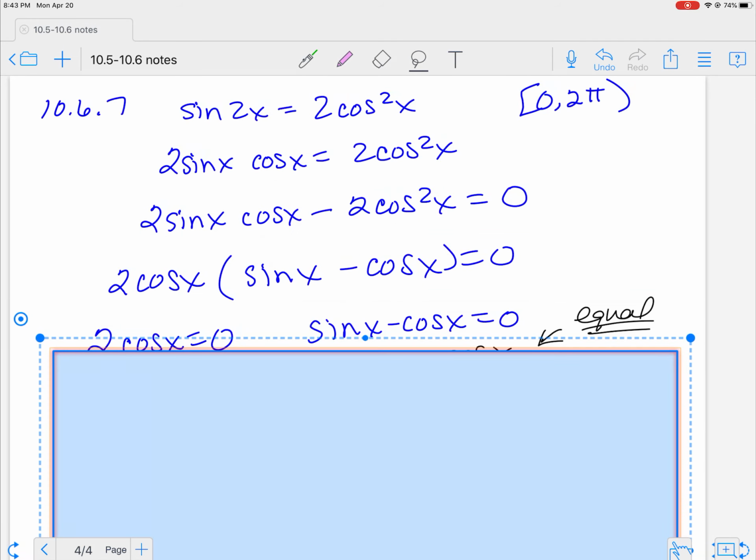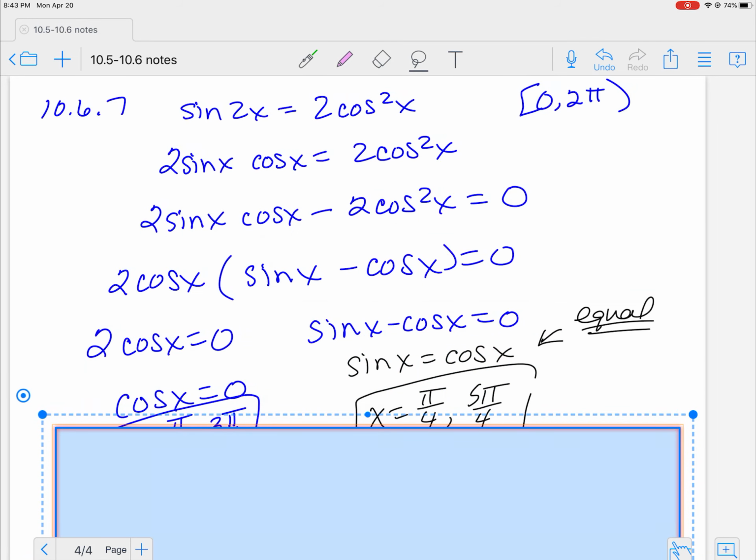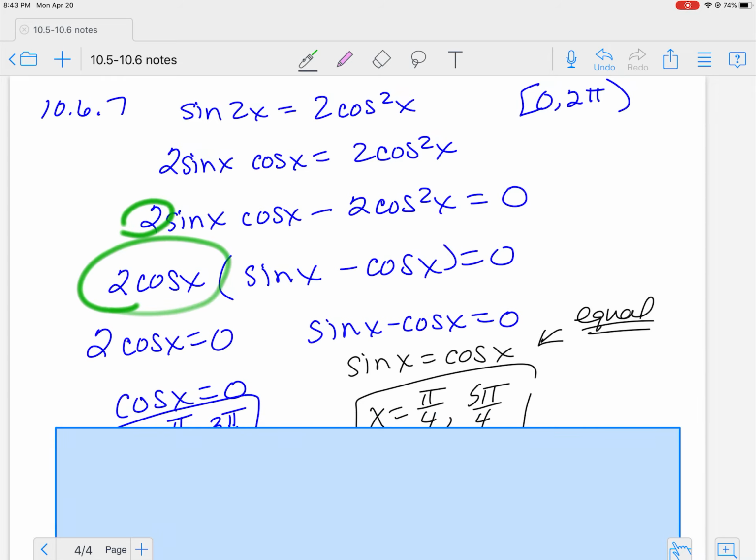Then whenever you factor out your cosine here, you can also factor out a 2 because there's a 2 in common, just to make it easier for yourself. Then I say cosine is equal to that. Now sine minus cosine equals 0.